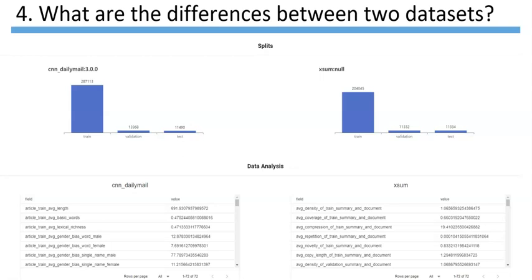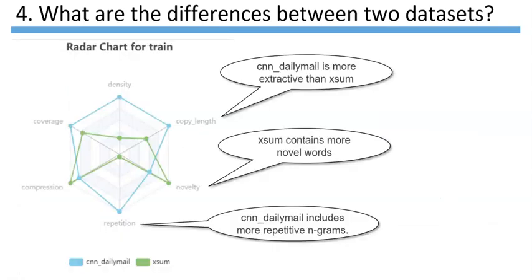The first analysis is from the metadata-level information, like the average length of the document and the average length of the summary. And DataLab also generates a spider chart that contains the specific information for the 2 datasets. And here, users can easily understand the potential characteristics of different datasets.